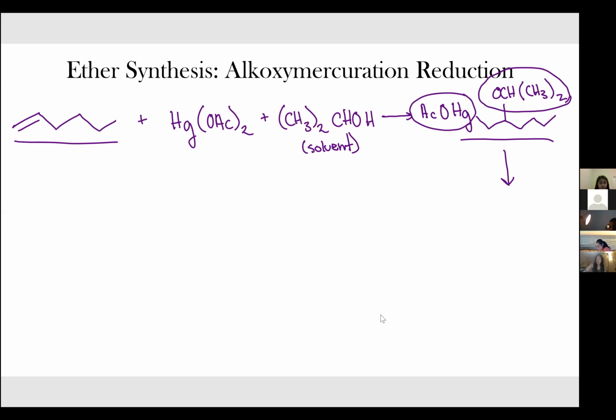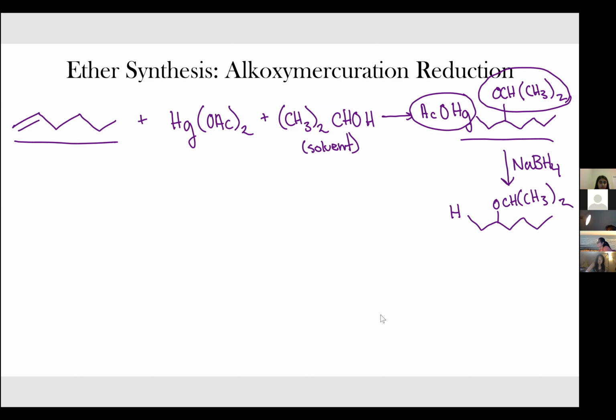The way that we get rid of that is that we treat it with a strong reducing agent like sodium borohydride. And what that's going to do is get rid of that mercury acetate and replace it with a hydrogen. So our final product is going to be this, right?